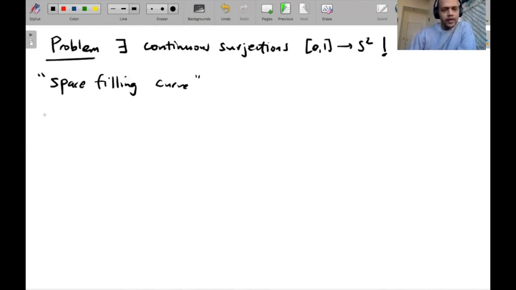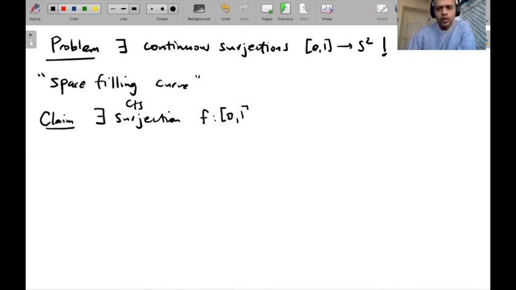Let me focus on the following claim: that there exists a continuous surjection from the unit interval to the unit square.